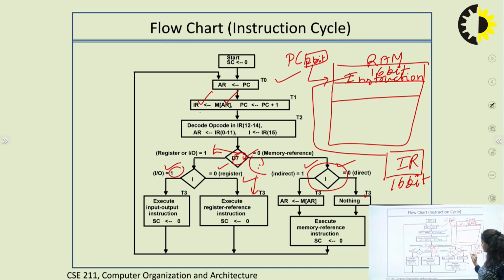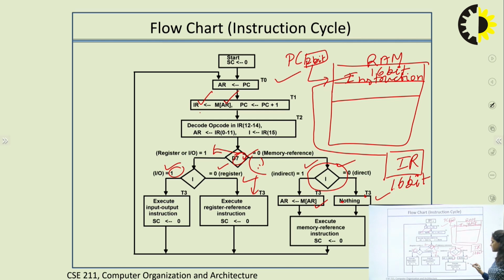In direct mode, we don't need to find the address of an operand and we directly execute it. But in the case of indirect addressing mode, we have an address and that address contains another address. There we will find the actual location of the operand and then execute accordingly.